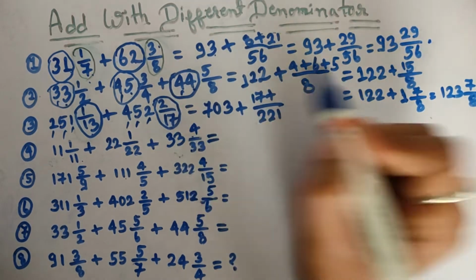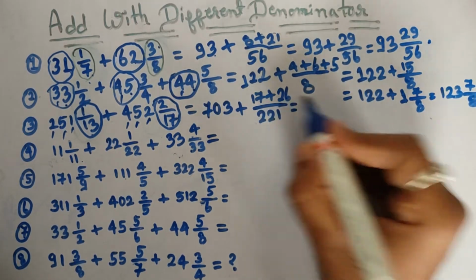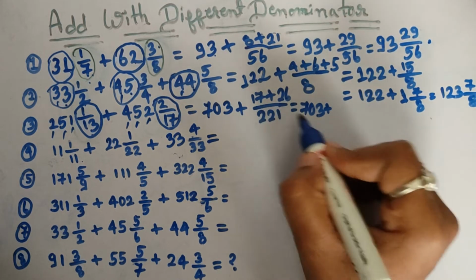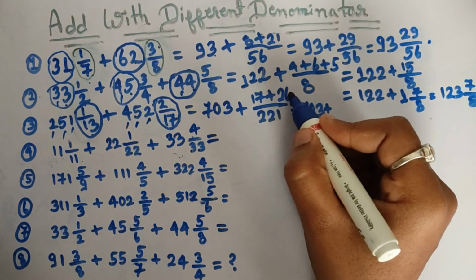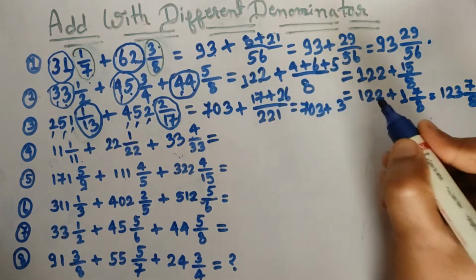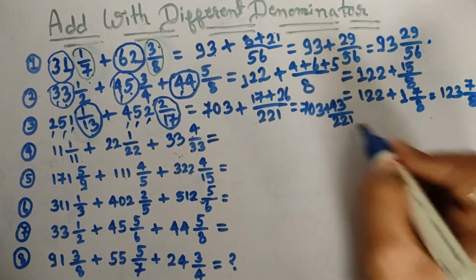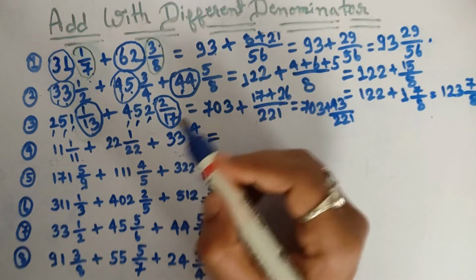Now 13 into 2 equals 26. So 7 and 3 plus 17 and 26. 7 plus 6 is 13, 3 carry 1, 2 plus 1 is 3, plus 1 is 4, so 43 by 221. This is your final answer. Let's come to the next question.